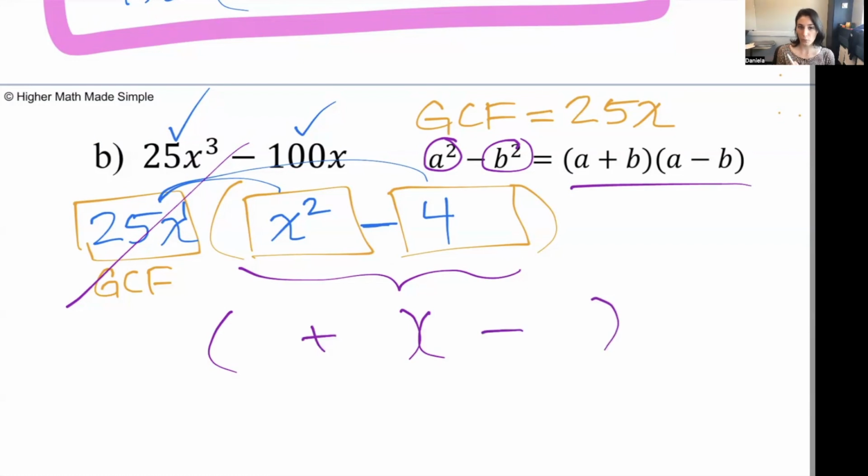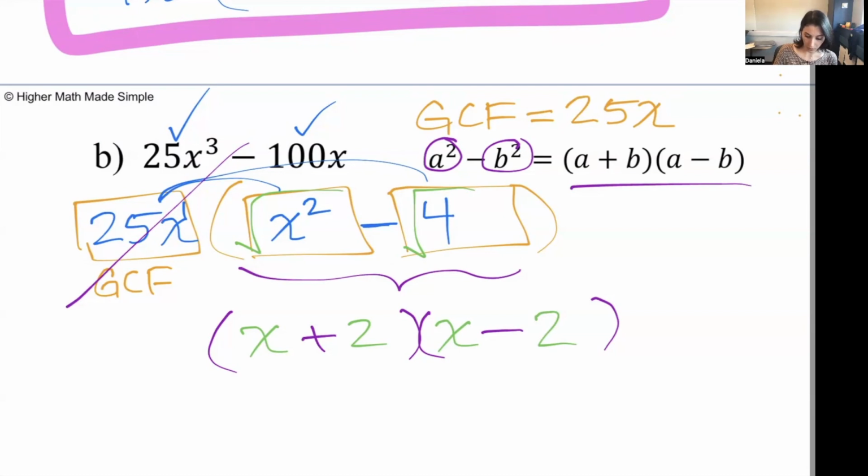So in the first spot goes the square root of the first term. So the square root of x squared is x, right? X times itself is x squared. The second spot would be the square root of the second term. So the square root of 4 is 2. And that is it.